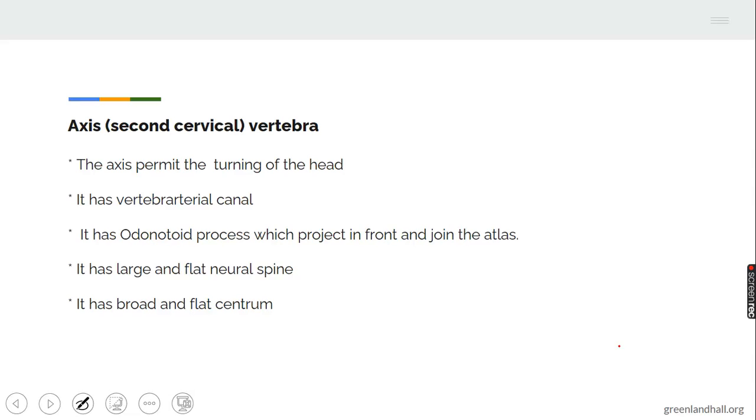Axis, the second vertebra. The axis permits turning or rotation of the head. When you turn your head left and right, what is being functional there is the axis vertebra. It has a vertebral canal also.